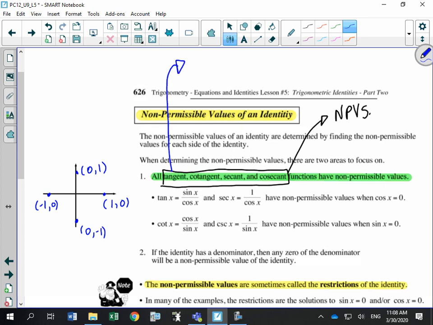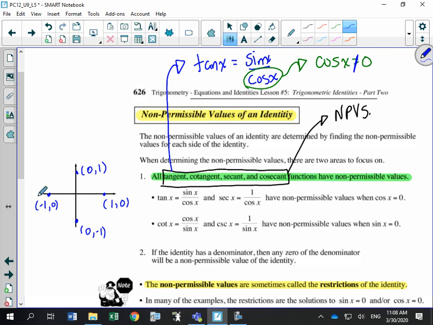The reason why tan has an NPV is because the quotient identity for tan of x is equal to the sine of x over the cos of x. And we know from non-permissible values that the cos of x could never be equal to 0. So my restriction, or the non-permissible value, is when is cos of x equal to 0? And my restrictions are essentially that cos of x cannot be equal to 0.